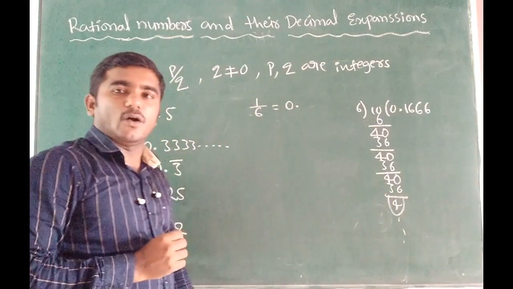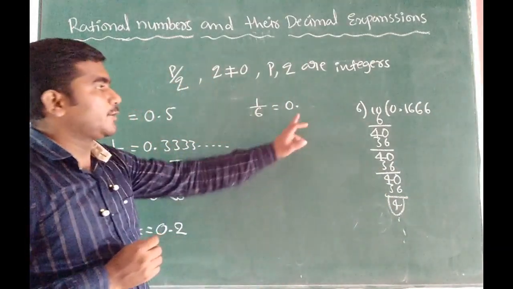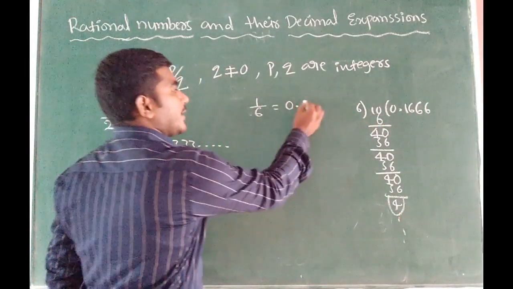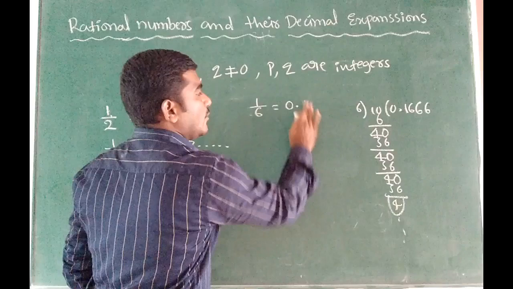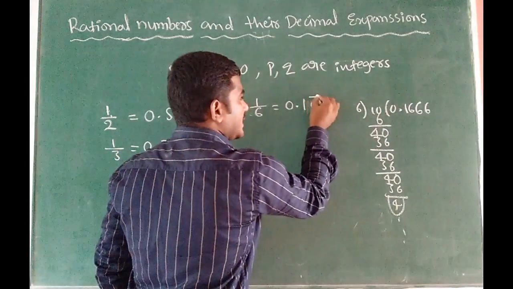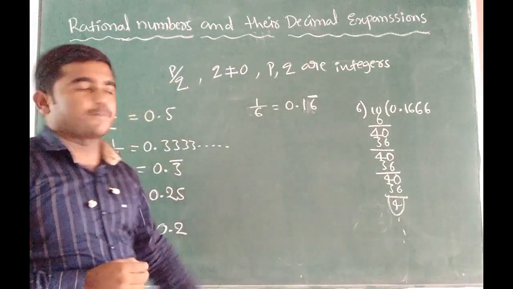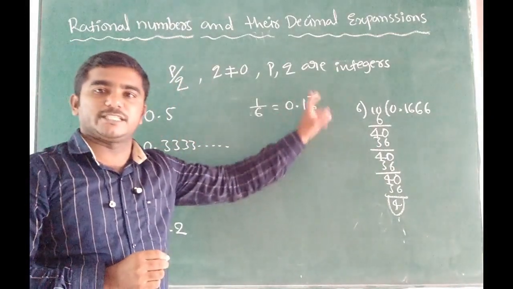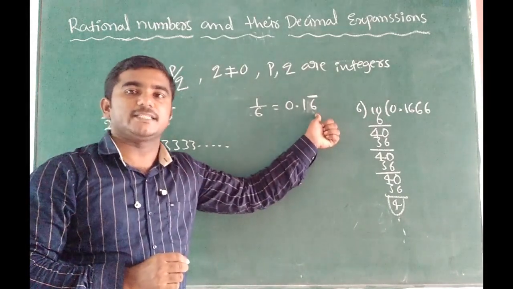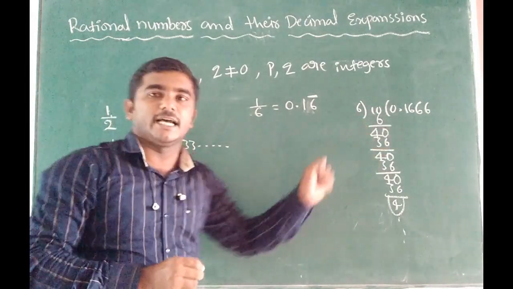See, it is non-terminating. So 0.1666, 6 is repeating here. So you can write it as 0.16 bar. See, it's only 6 that is repeating, so the bar is only over 6. The 1 by 6 value is 0.16 bar. It is non-terminating, but it is repeating. Yes or no? It's not terminating, but it is repeating.